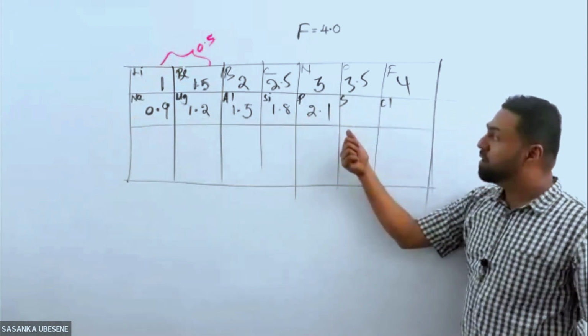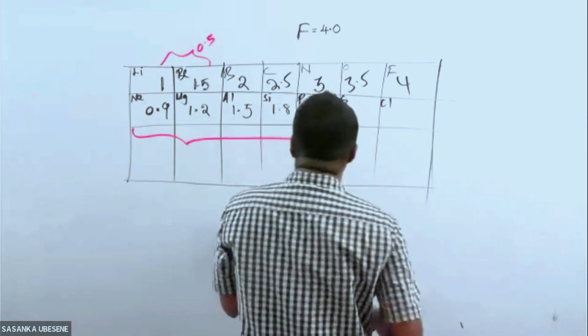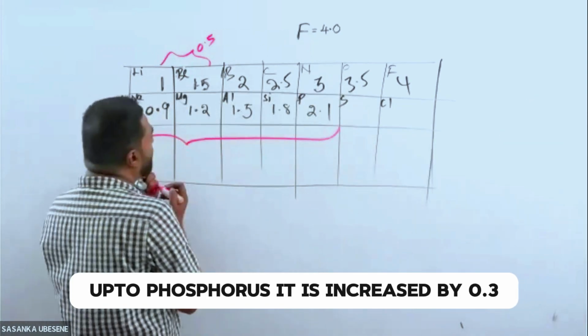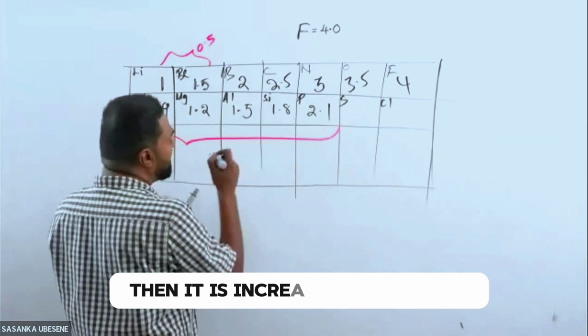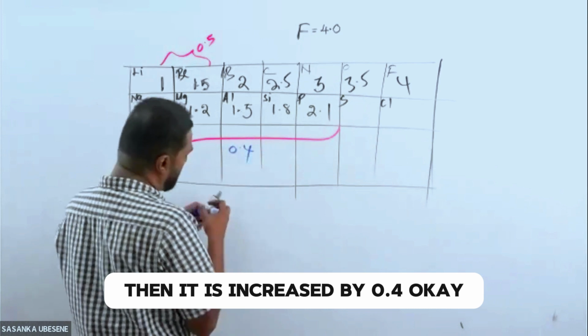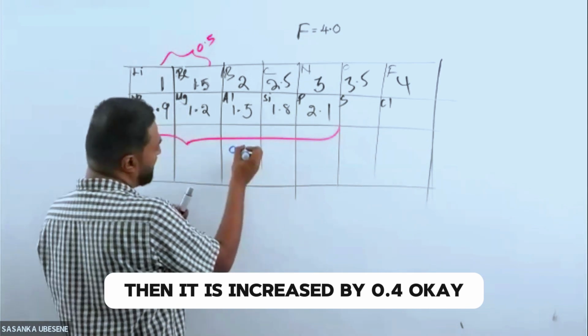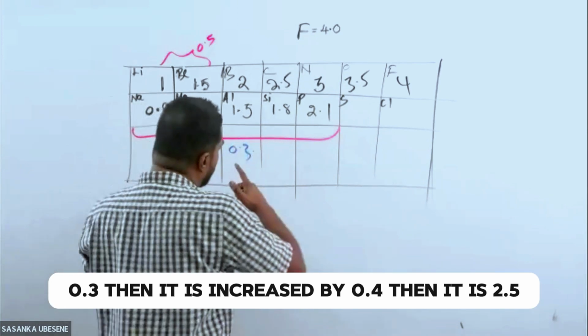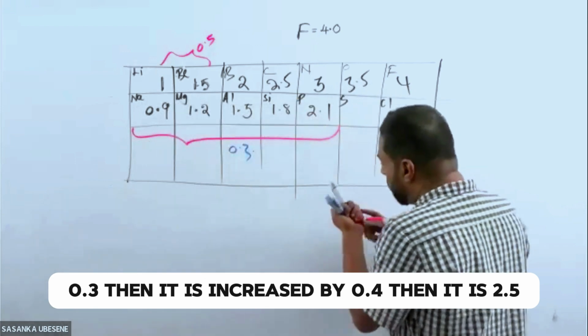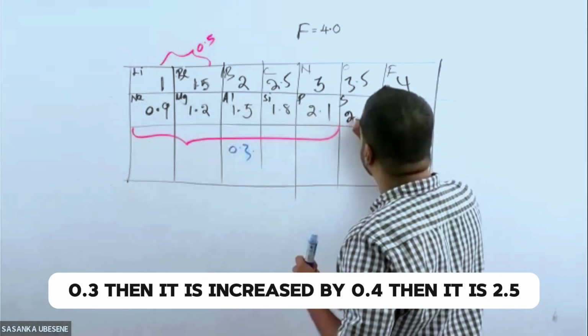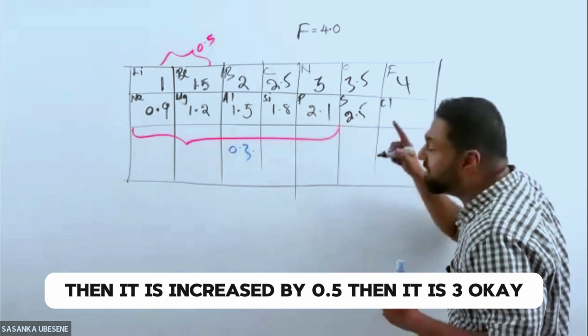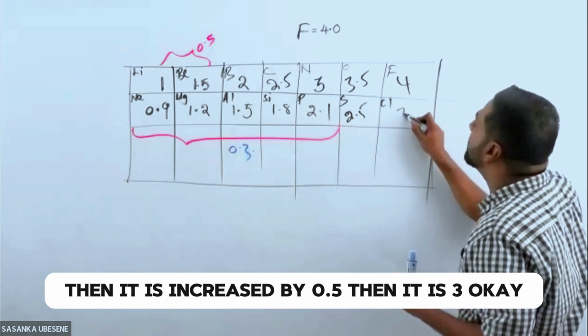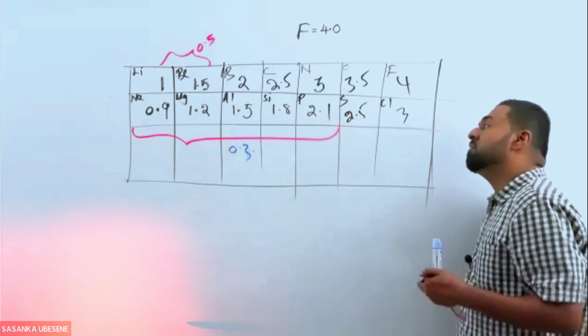Up to phosphorus it is increased by 0.3, then by 0.4, then it is 2.5, then increased by 0.5, then it is 3.